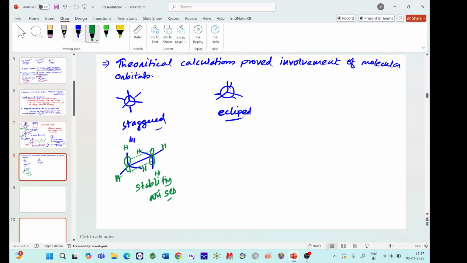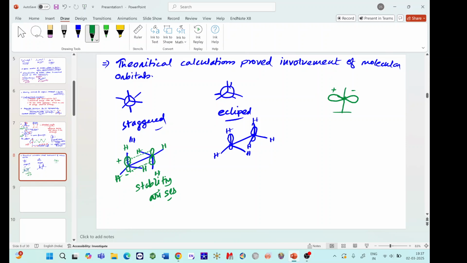In this position, let me draw it. Both are the same, right? So in this case, there will be repulsion. I need to show the positive and negative sign also. So this is anti-bonding, this is bonding. If you have any wave function, you have one positive, one negative, and the node at zero.